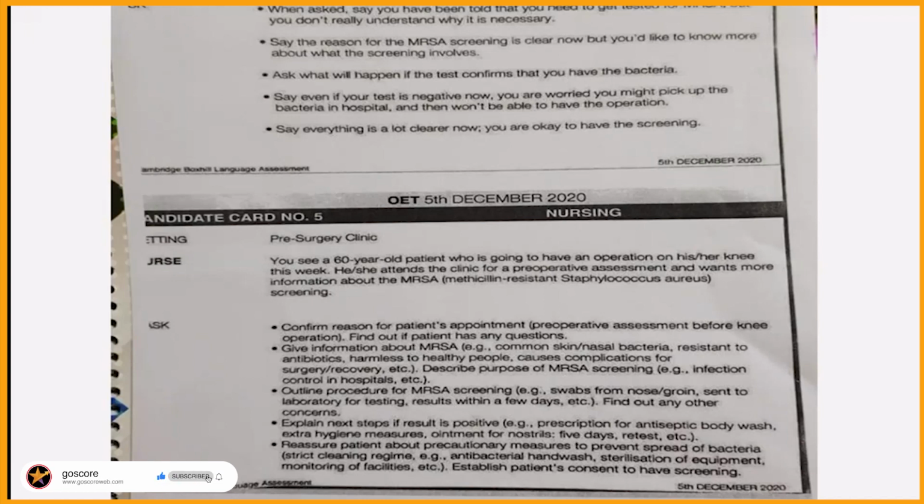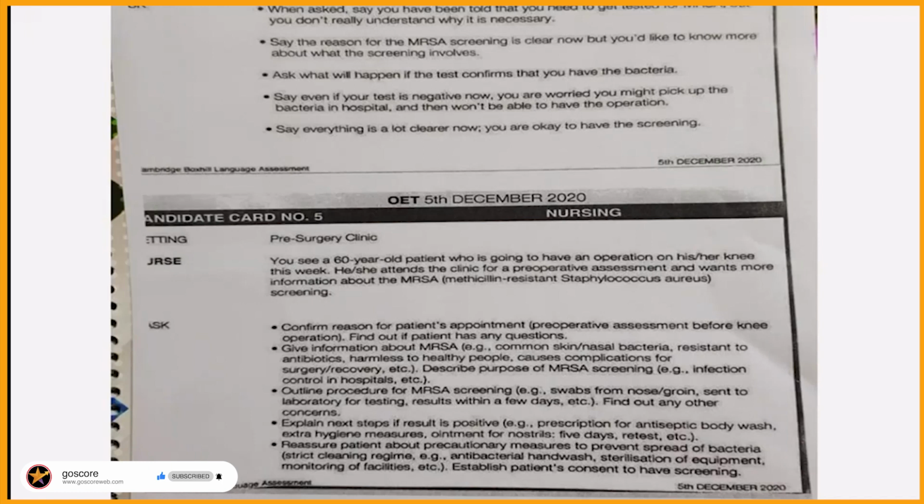Well, I shall explain the procedure for MRSA screening. The swabs are taken from the nose or groin and are sent to the laboratory for testing, and the results will be available within a few days. Clear? Then I'm coming to the next task.